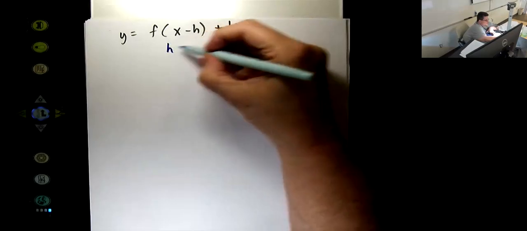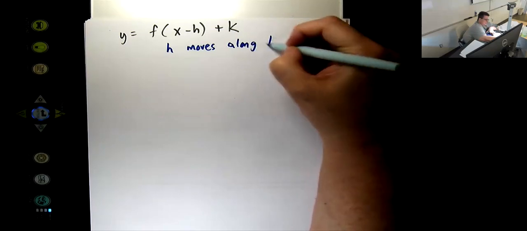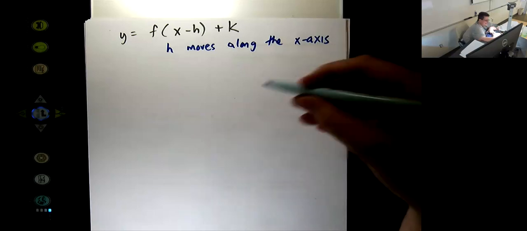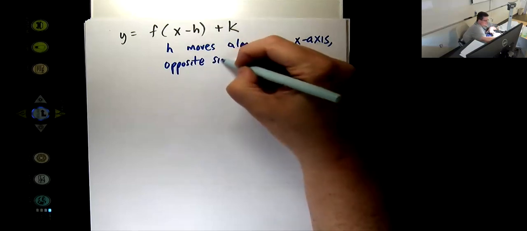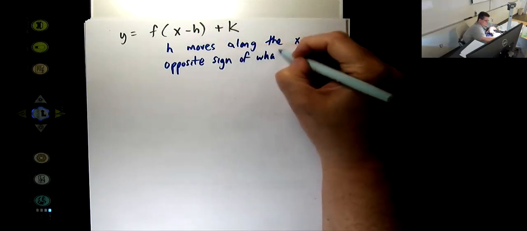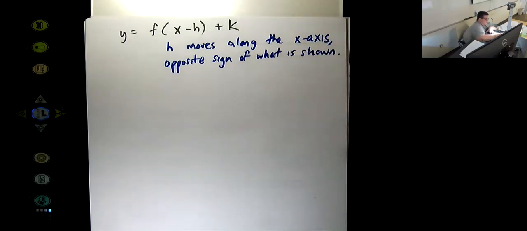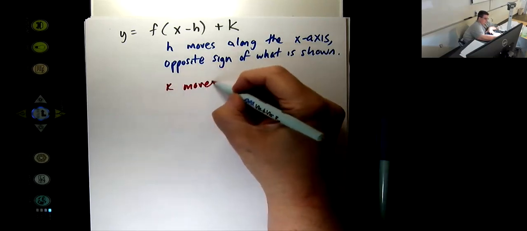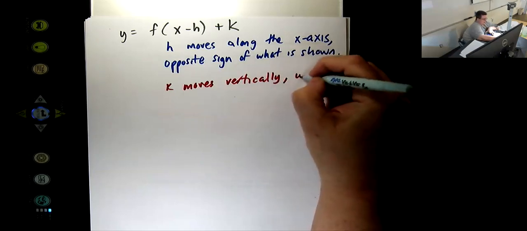So the H moves along the x-axis, and it's the opposite sign of what is shown. K moves it vertically, with the same sign.